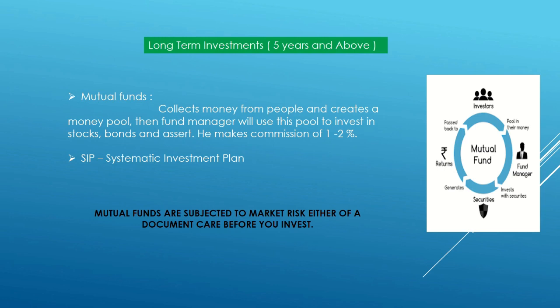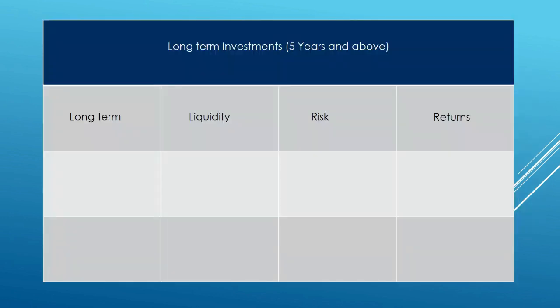If you want to invest for the long term, this is a great option because instead of sitting idle, your money is actually doing something. You can either invest in mutual funds just once, or you can choose a SIP, a systematic investment plan, where every month a fixed amount moves from your bank account to mutual funds. Now coming back to parameters.